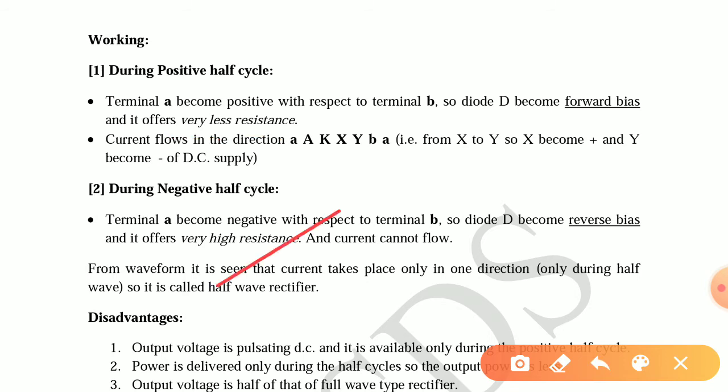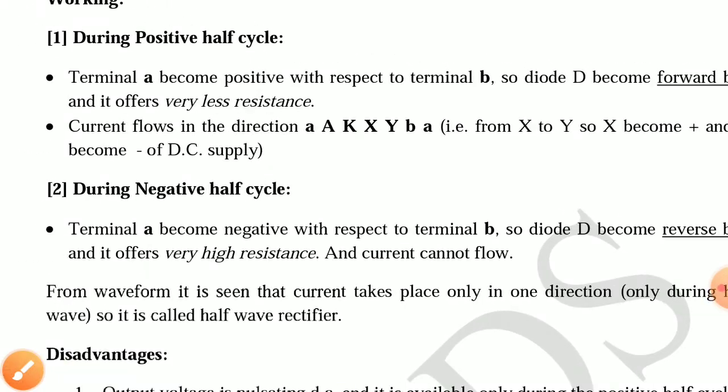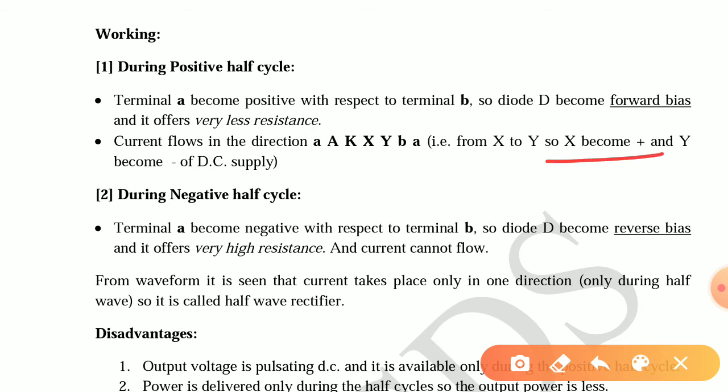Here the current will flow in the direction A, K, X, Y, B, A. So current flows from X to Y, and X becomes positive and Y becomes negative of the DC supply.